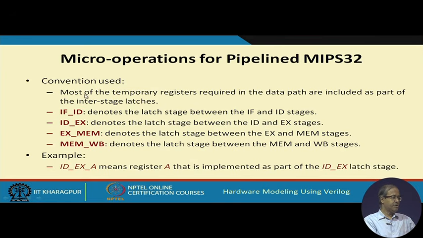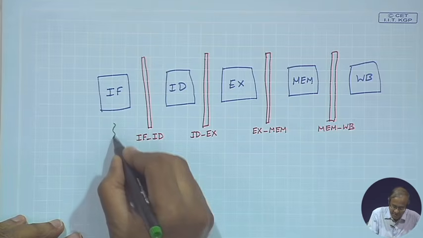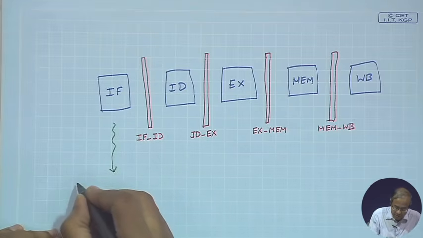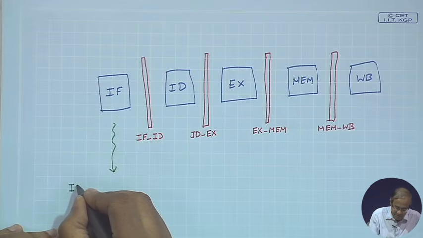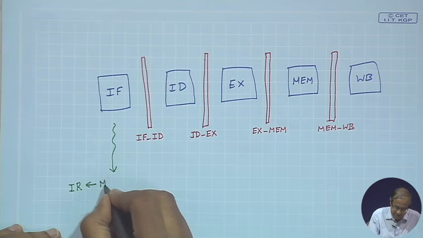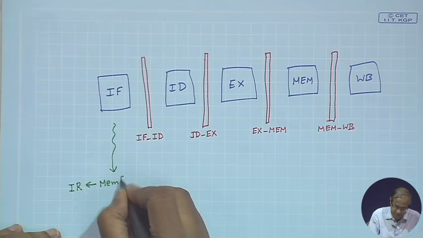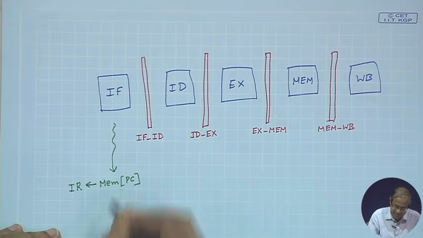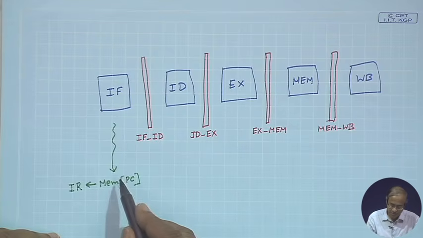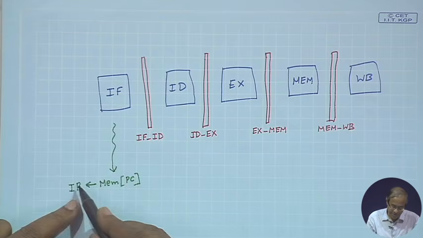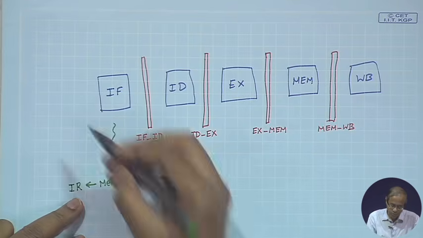And another thing, the temporary registers that we have talked about. Let us take an example. Now, just look at the IF stage. In the IF stage, you recall there was a micro operation which said that the instruction register was loaded with the memory location whose address was in PC. So, the data must be stored in some register IR. So, where is IR?